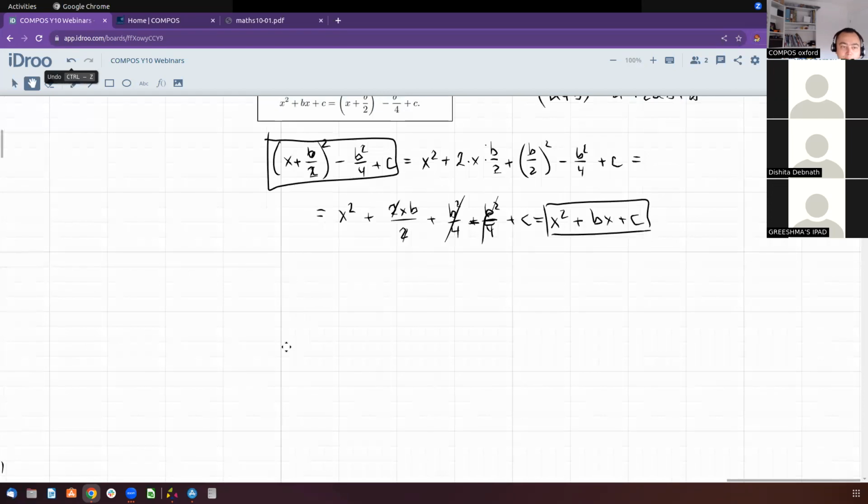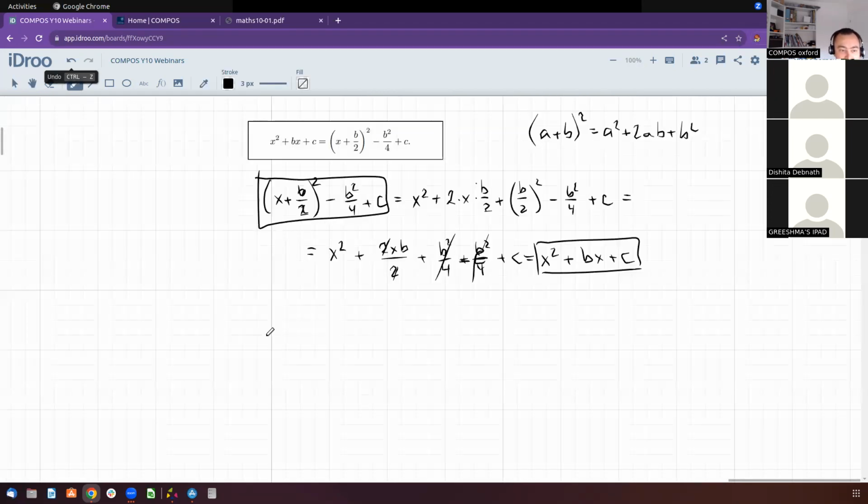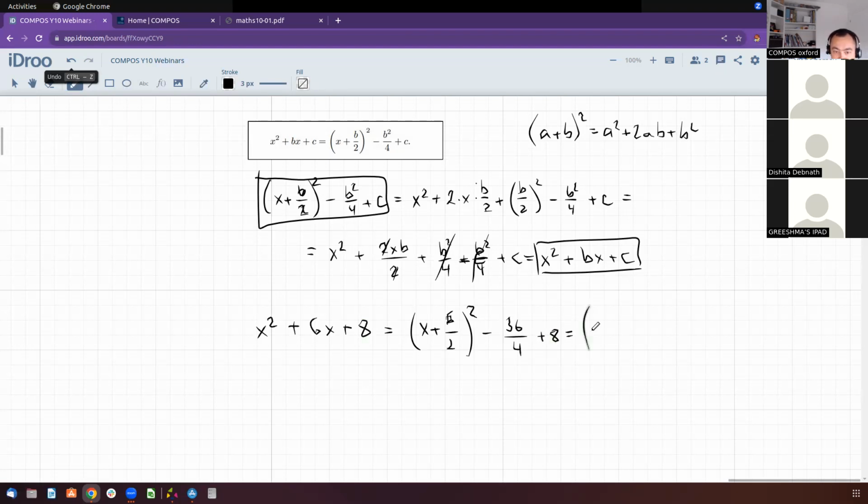Therefore, if you have x squared plus 6x plus 8, that's the one we had before, it can be written as x plus b over 2, so x plus 6 over 2 squared, minus b squared, which is 36 over 4, plus c, plus 8, which is x plus 3 squared minus 9 plus 8, so minus 1. That's exactly what we have.